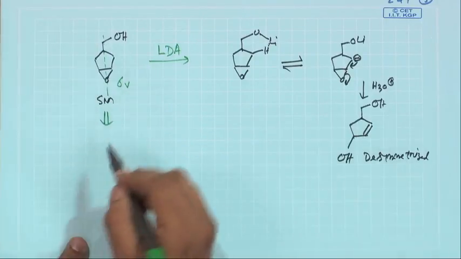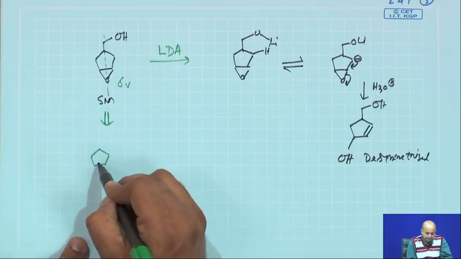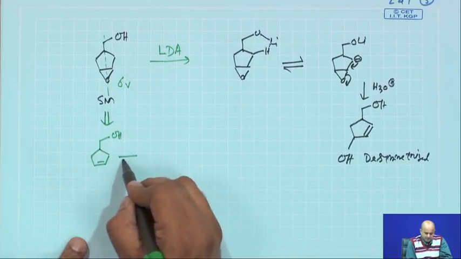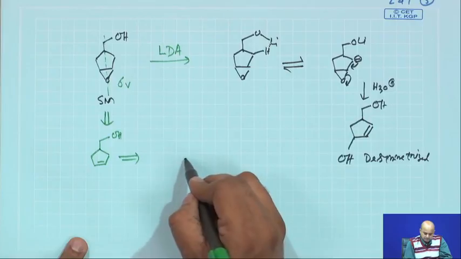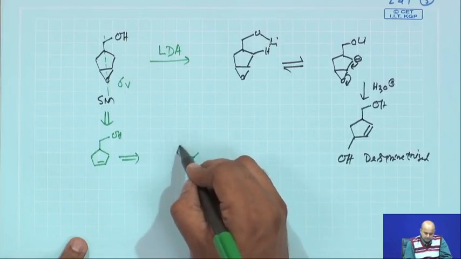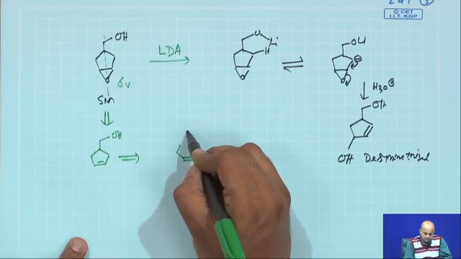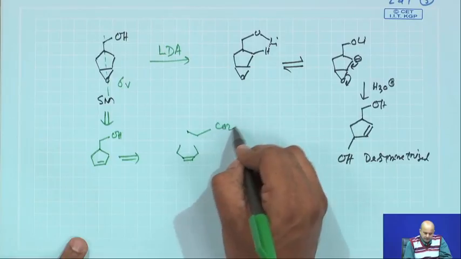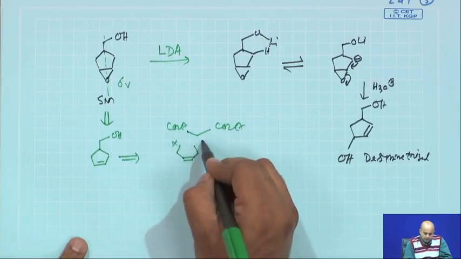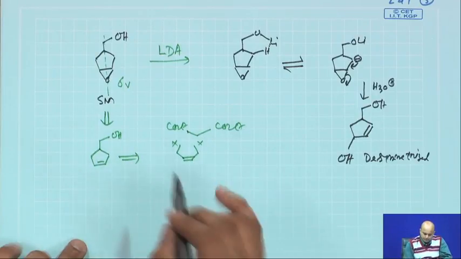The retro for this starting material probably, then, a typical diethyl malonate can react with this compound followed by decarboxylation and these things.